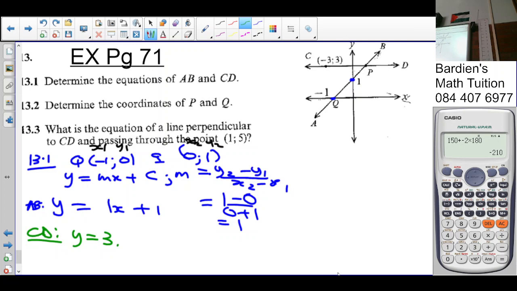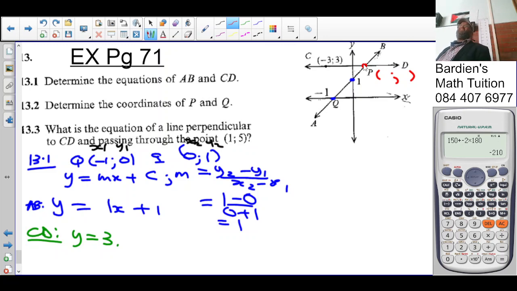Looking at the next question, 13.2. Determine the coordinates of P and Q. Okay, we know what Q is. Q is (-1, 0). However, P, as we know, is lying on the line CD.